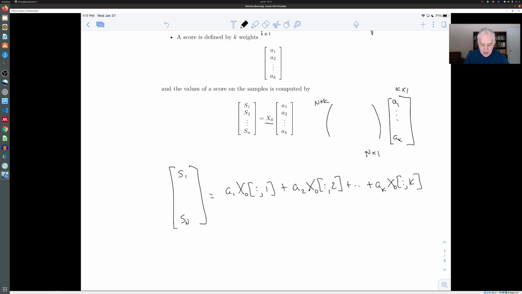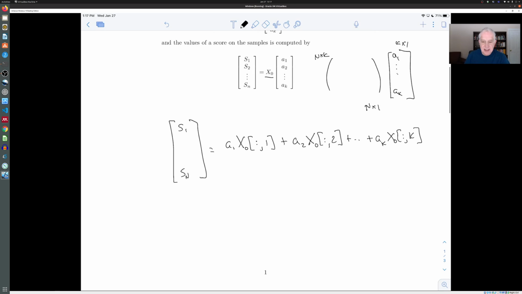And maybe to make this completely concrete, let's think about an example that everybody is very familiar with. Let's suppose that we have n students in a class, and the data that we have are the results on several assignments. We have the totals on 2 midterms and a final.